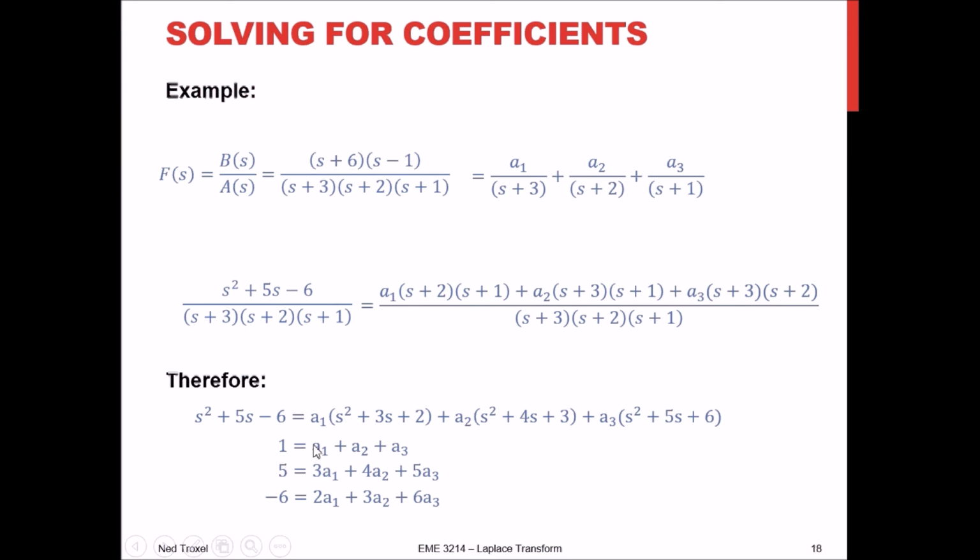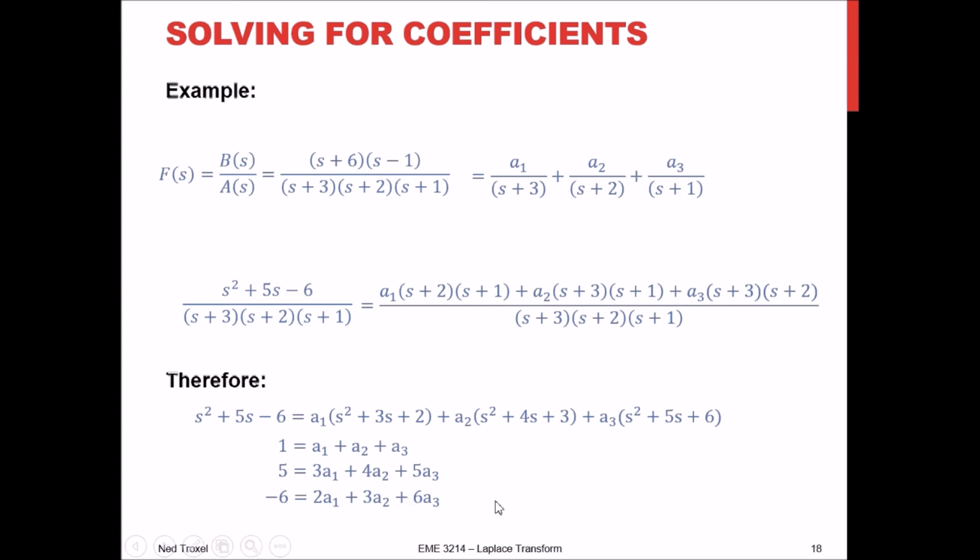Okay, so 1 equals a1 plus a2 plus a3. Okay, then look at the 5s, that power. This 5 has to be equal to a1 times 3 plus a2 times 4 plus a3 times 5. Okay, and the same thing for the constant. So here we have one equation, but we can break it by components into 3 equations. And there are 3 unknowns, therefore this problem can be solved.